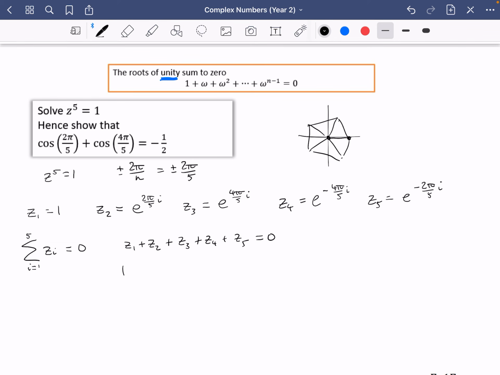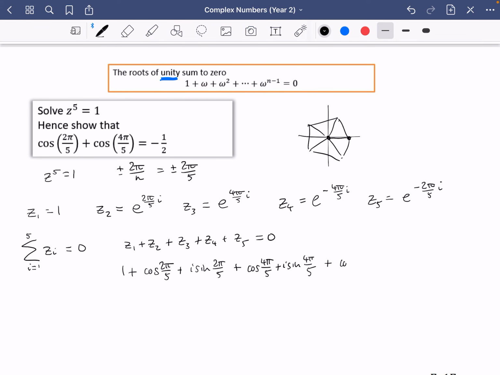So Z1 is 1. Z2, now I'm going to start writing these in their modulus argument form because the question wants something to do with the modulus argument form. So that's going to be cos of 2 pi over 5 plus i sine of 2 pi over 5. Now Z3 is going to be cos of 4 pi over 5 plus i sine of 4 pi over 5.